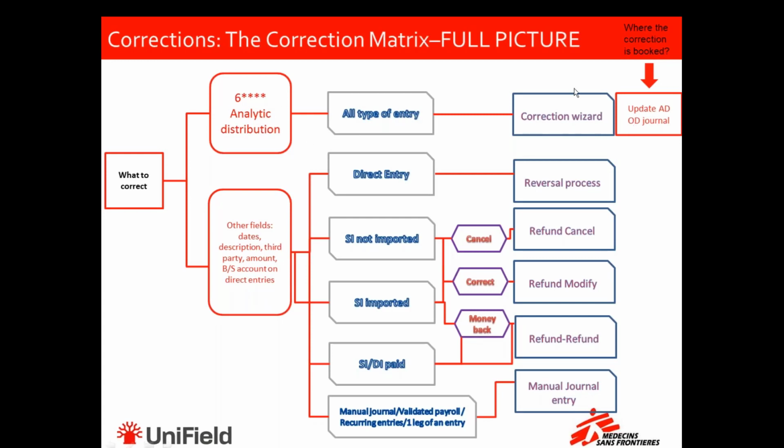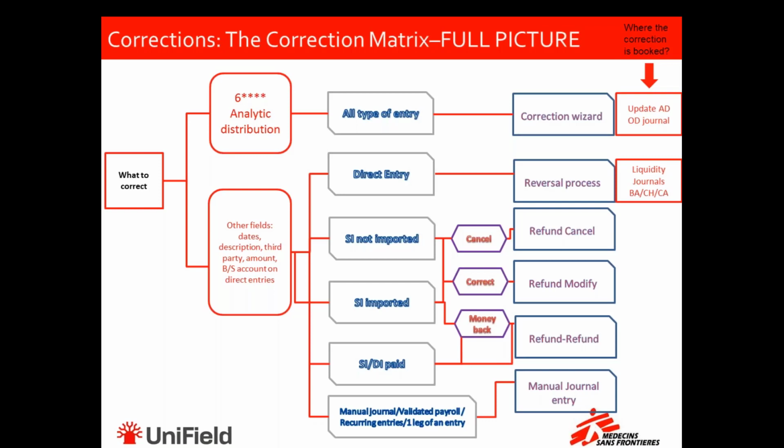If the period has been closed, even your analytic correction will create an analytic OD. For the reversal, because you do it in the register itself, it is in the register where you do the reversal. So it could be in the bank, check, and cash. It happened, for example, that you post an entry in the cash, but it was not in the cash, but in the safe.